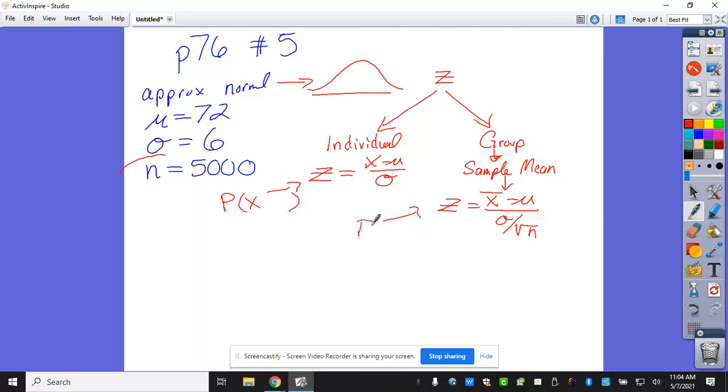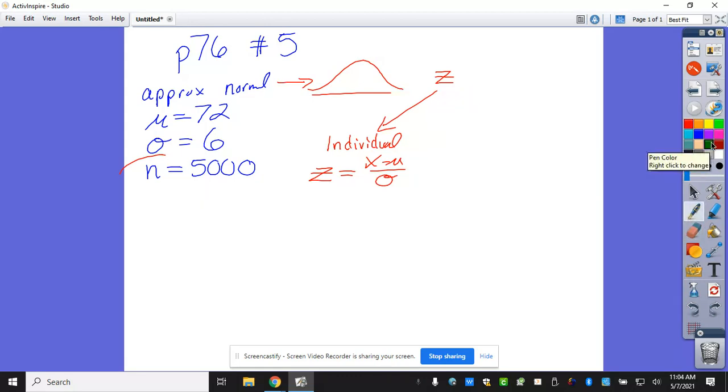This one would be P of x bar is something. And we're not testing a sample mean in this problem. We're just testing an individual value. So it's not that second path, even though it would kind of look like it is at first. In this one, we actually aren't using this 5,000 until we get to the end.